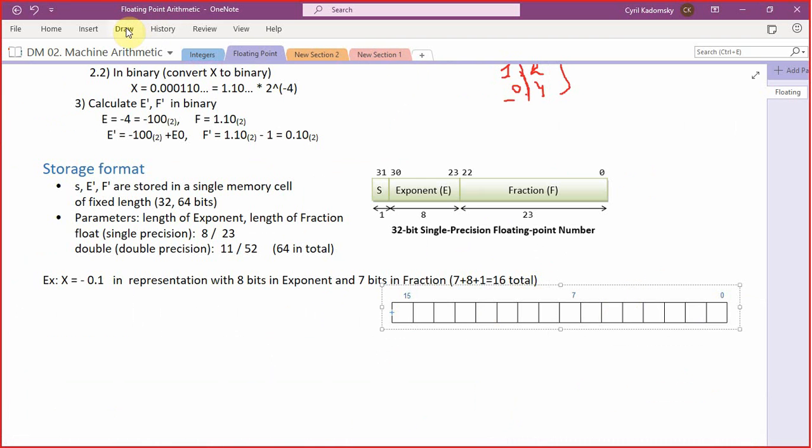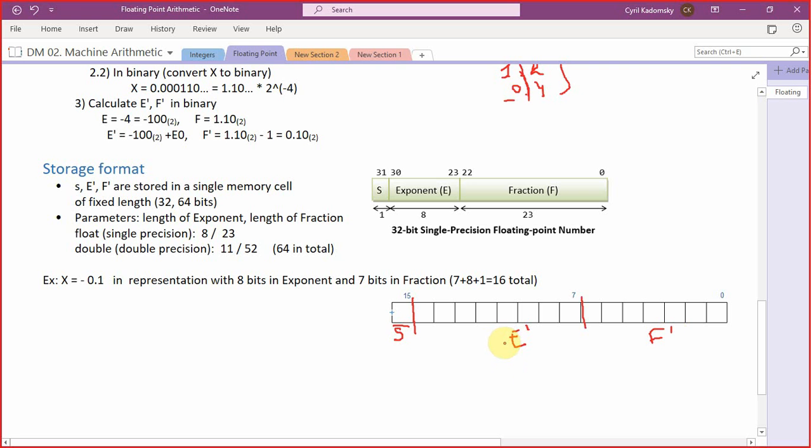And we mark where our parts are in this number. The first bit is always the sign, and here is the division. Next 8 bits, 1, 2, 3, 4, 5, 6, 7, 8, up to here, will store the biased exponent, and the remaining 7 bits will store the fraction.